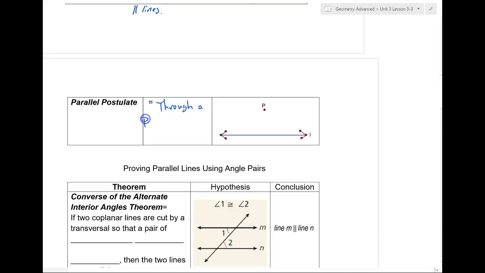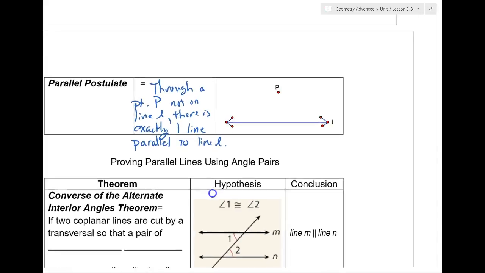Through a point P, not on line L, there is exactly one line parallel to line L. All right, what in the world is this talking about? Let me have you write that down first and then show it to you.